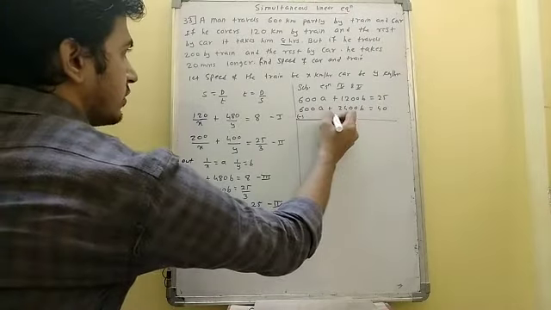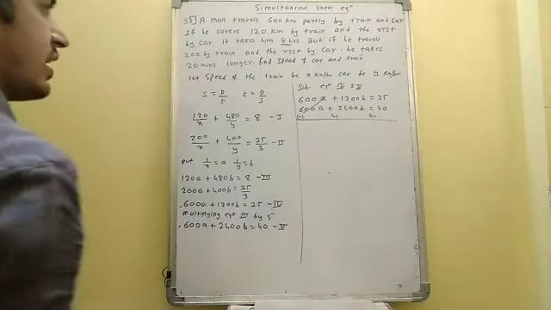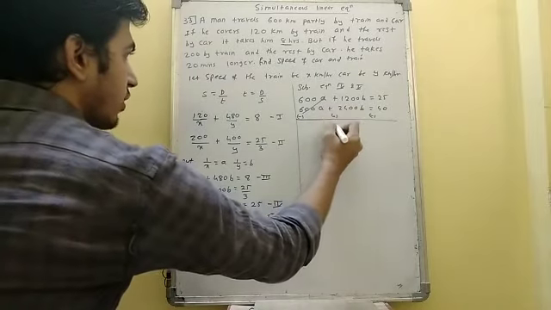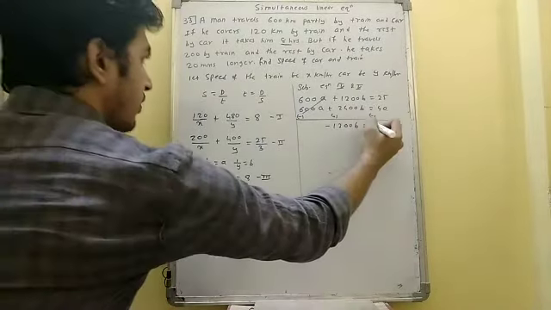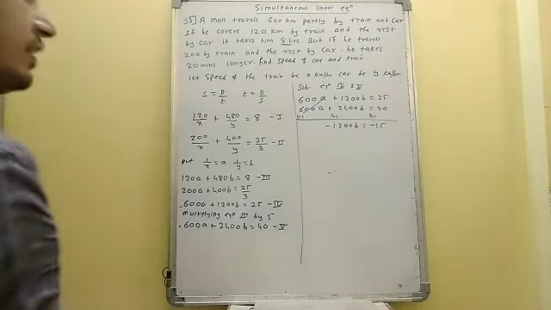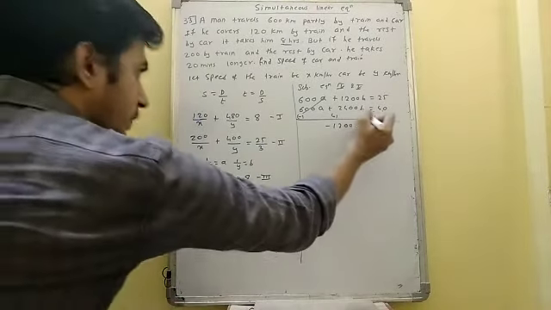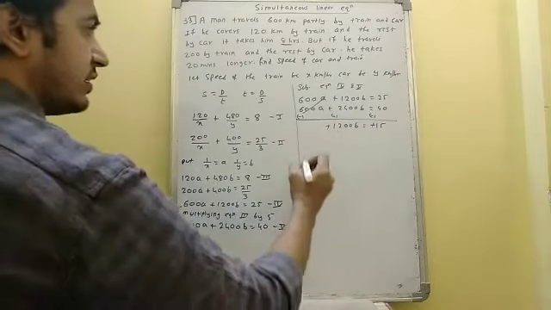This is minus, so the 600a gets cancelled. 1200 minus 2400 is minus 1200b, and 25 minus 40 is minus 15. The minus gets cancelled.